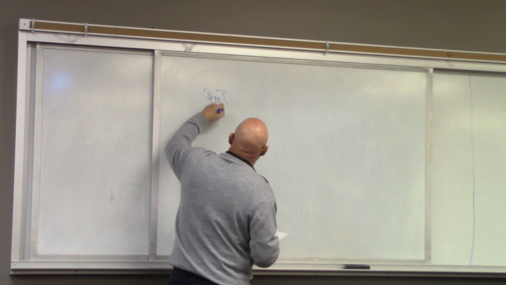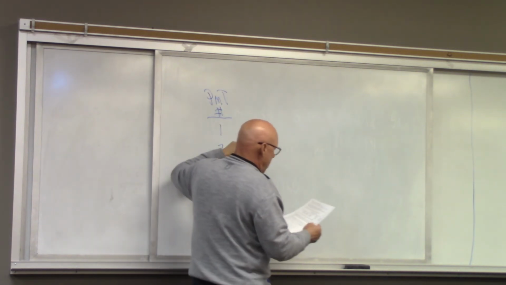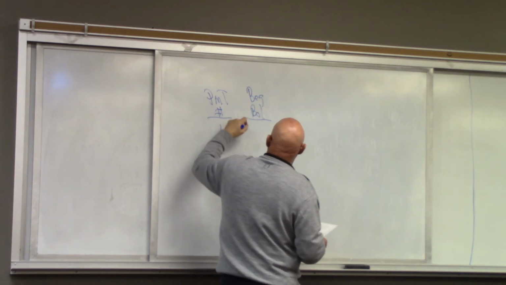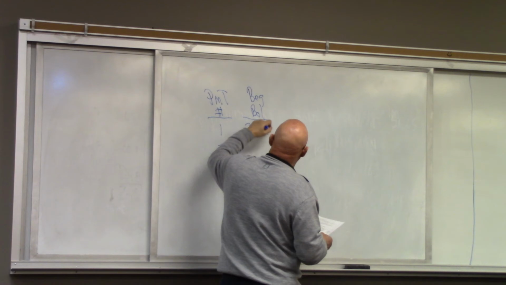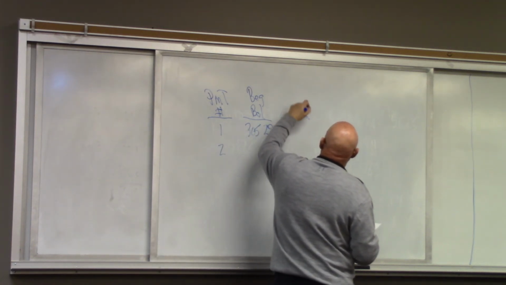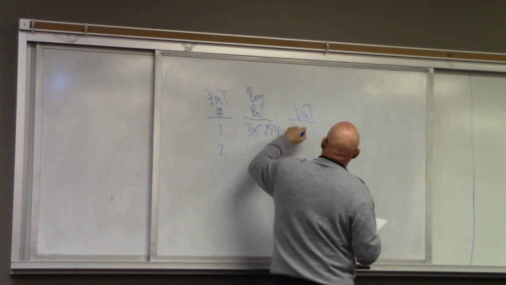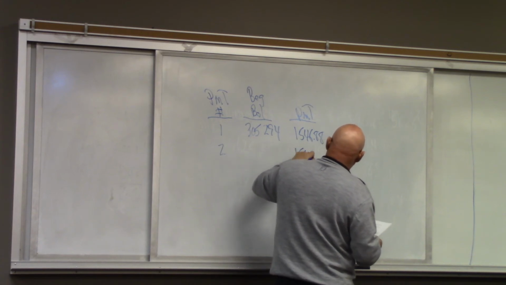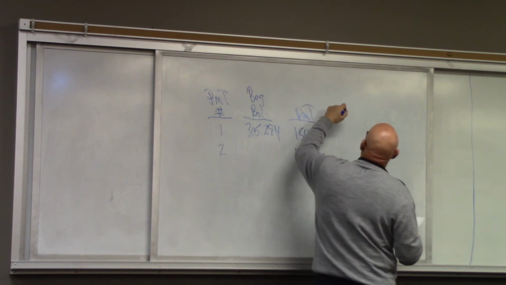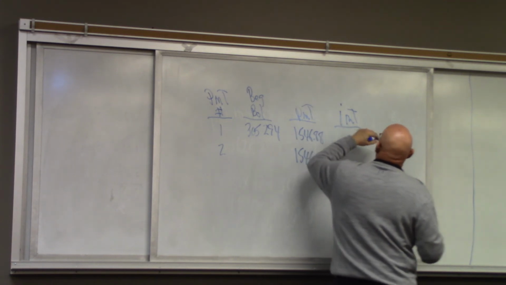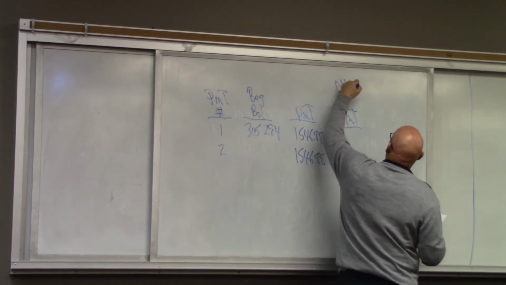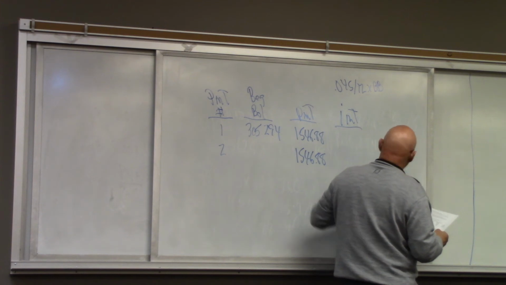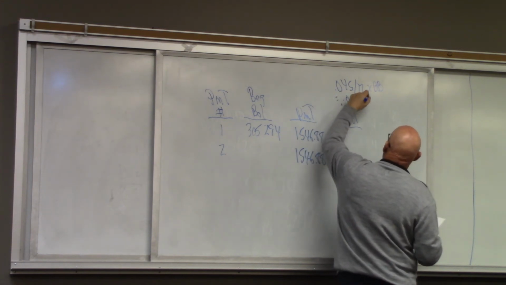So you have the payment number, 1 and 2, and you have the beginning balance, which is 305,294, and then you have the payment, which is 1546.88 and 1546.88, and then you have the interest, which is the rate, 0.045 divided by 12 times the beginning balance, so that's 0.00375 is the monthly rate.